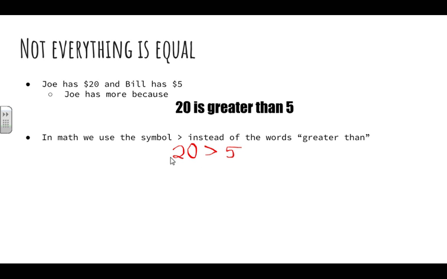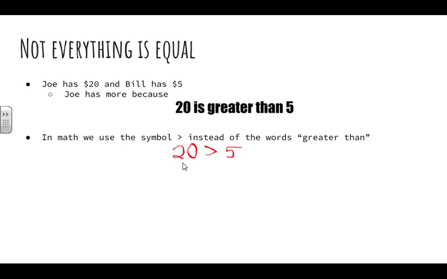This wide part of our inequality symbol kind of looks like a Pac-Man mouth or an alligator mouth. The wide part always points towards the larger thing. The alligator wants to eat the bigger thing. So that's how we would write it. 20 is greater than 5.